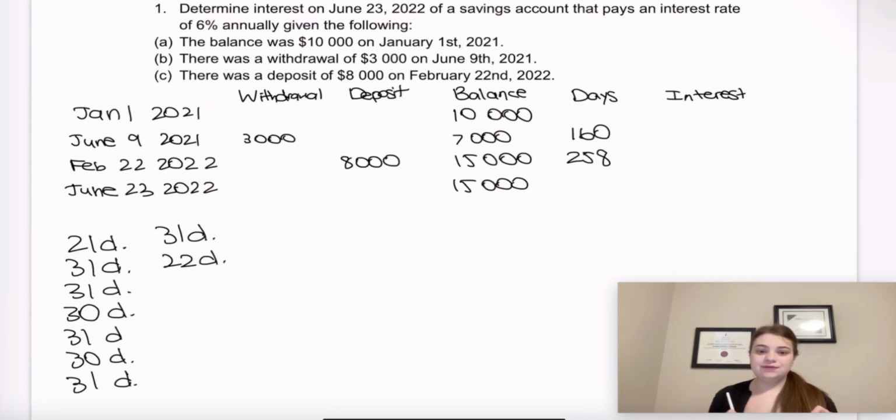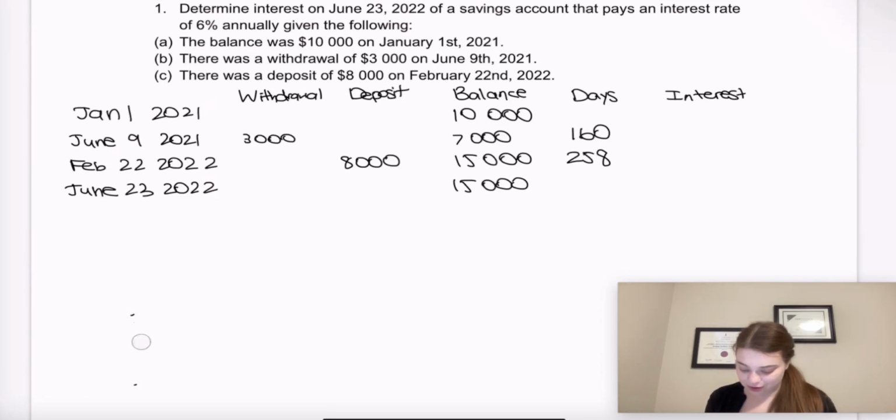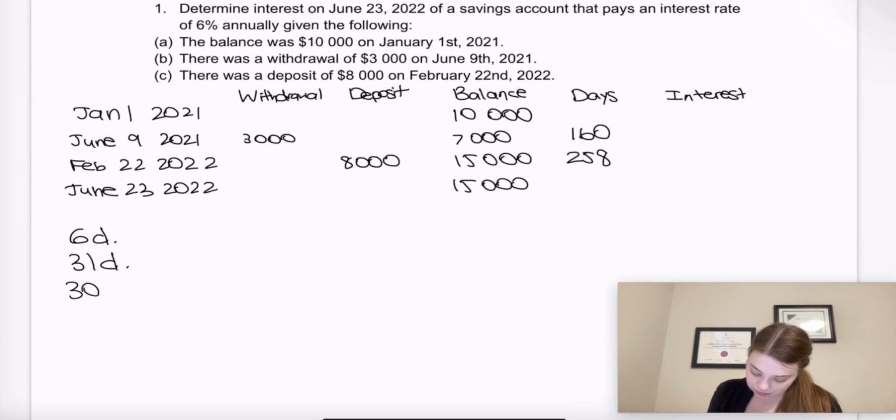All right, and now we need to figure out how many days there are between February 22nd of 2022 and June 23rd of 2022. Luckily that's not that long, so not that many days for us to count. For February, there's going to be 6 days left, just the 23rd through the 28th. March would be 31 days. April is 30, May 31.